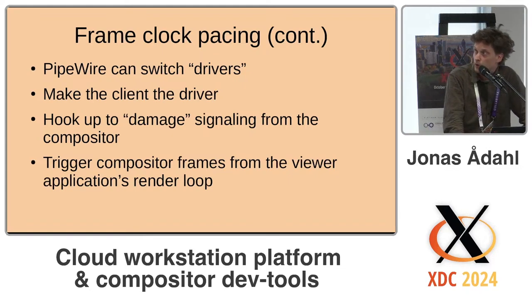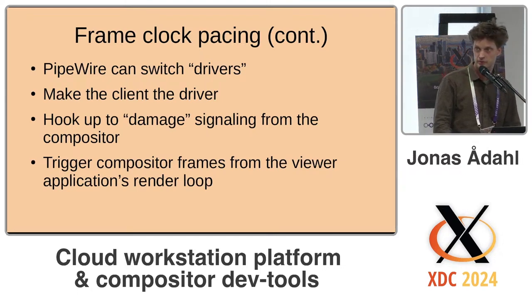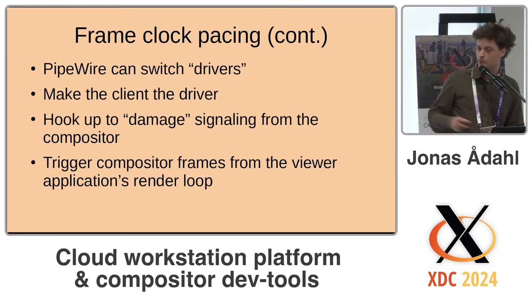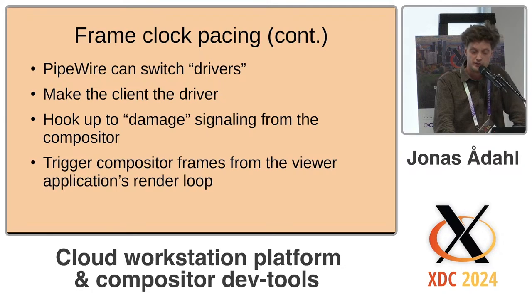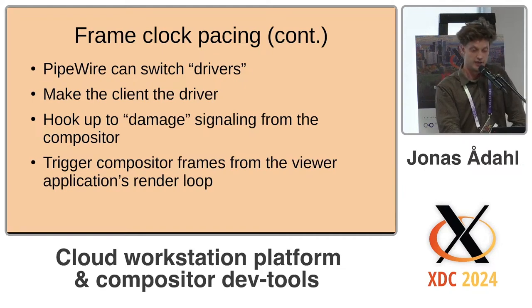So what made things a lot better here is that we switched the one who is asking for frames or creating frames, and hooked up the damage signaling in the compositor through PipeWire, so that the PipeWire consumer can know when to request new frames, and then hooked this up to the viewer application's frame clock, which in this case is a GTK4 application.